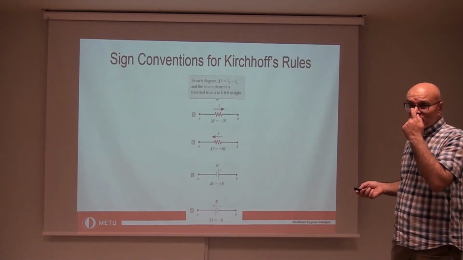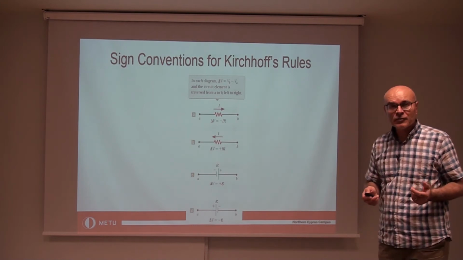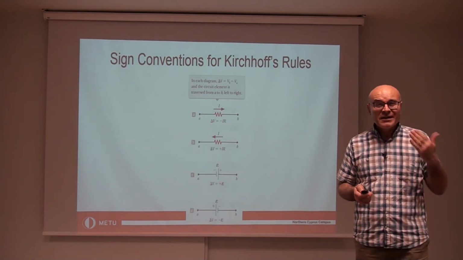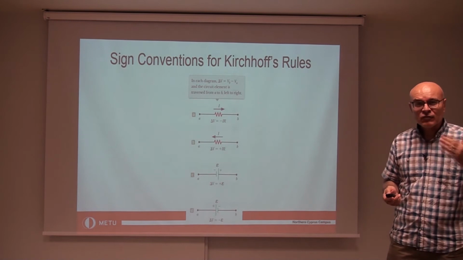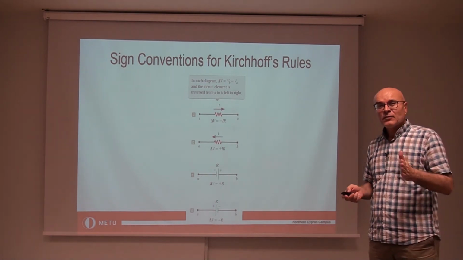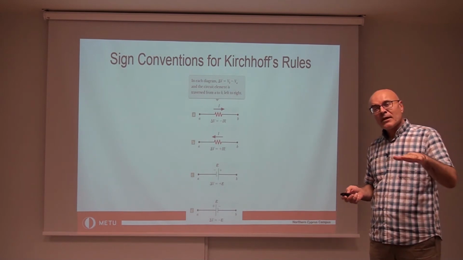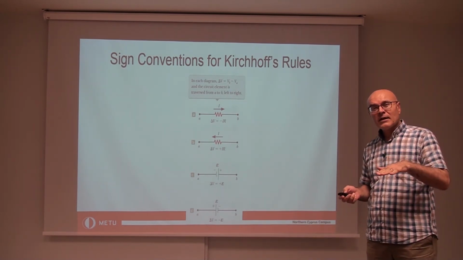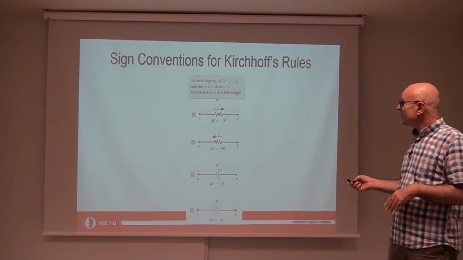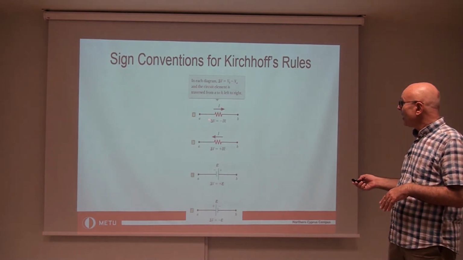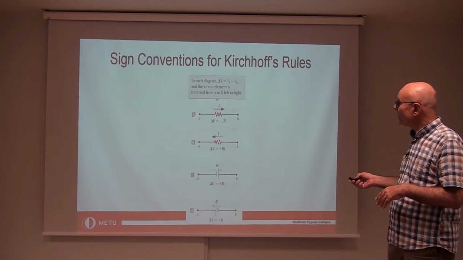Now, before we move to Kirchhoff's loop rule, let's remind ourselves of what we already learned about the sign of the potential drop when we cross a resistor or electromotive force. For example, here I have a resistor, and delta V here always means VB minus VA.